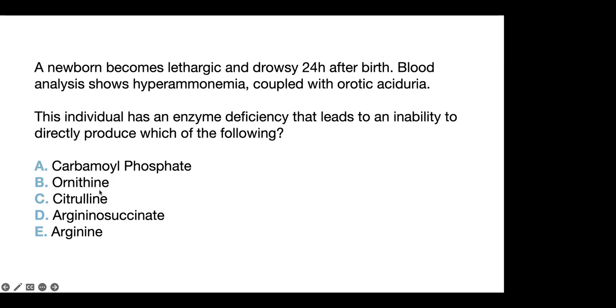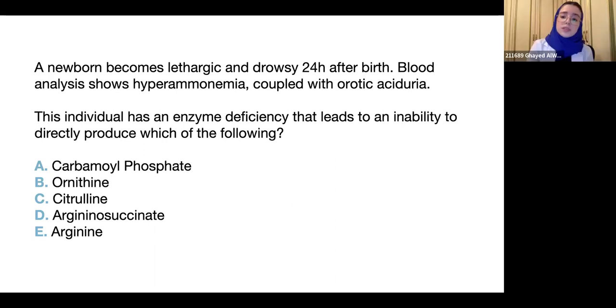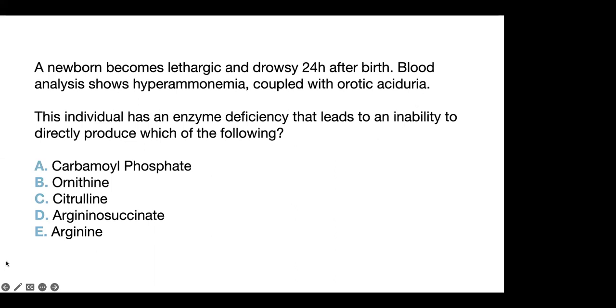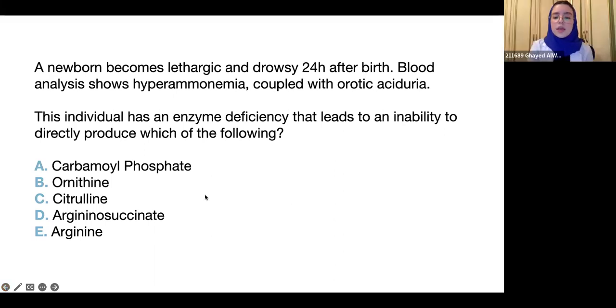Because orotic aciduria. Okay, so we said whenever we have orotic aciduria, it's because which enzyme is deficient? The ornithine synthase, something like that. Yeah, ornithine transcarbamylase. And ornithine transcarbamylase, can you remind me of the reaction? Do you remember it?